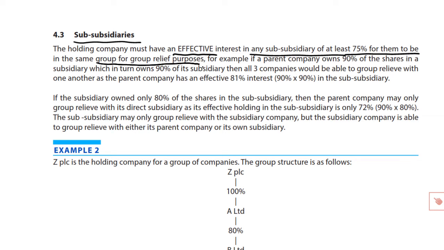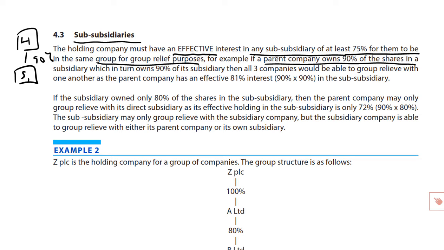For example, if a parent company owns 90% of the shares in a subsidiary, so we've got H owning 90% of S1, clearly those two companies can group relieve. We've got a direct and effective holding of at least 75%.